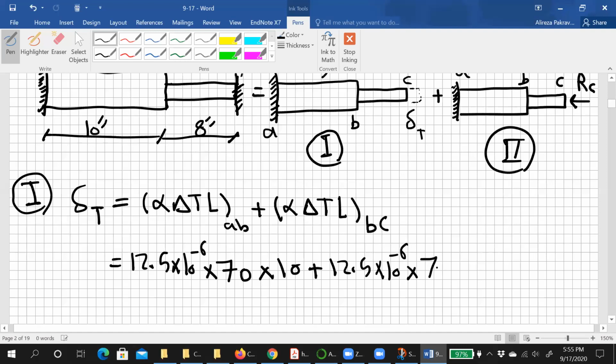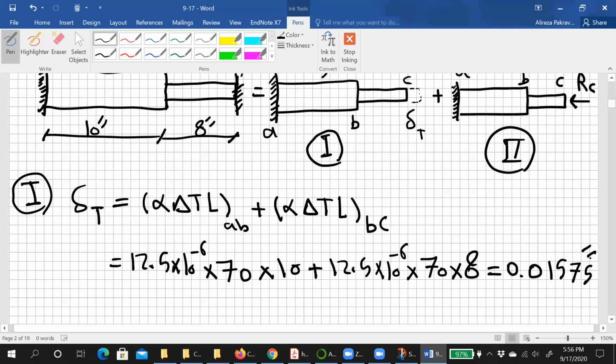What's delta T is 70 times 8, right? If you just add these terms together and then just multiply these terms together and then add, the answer I have in my note is 0.01575 inches.